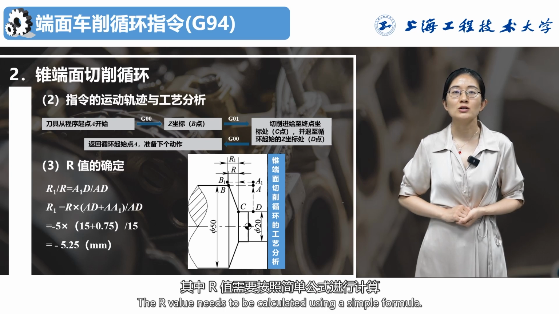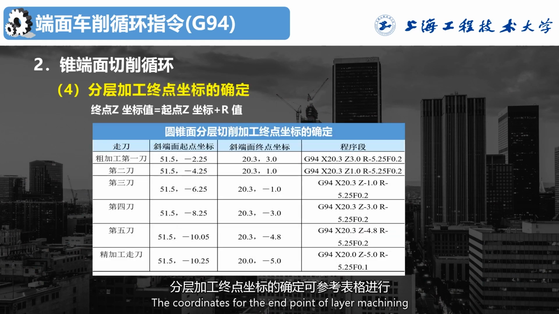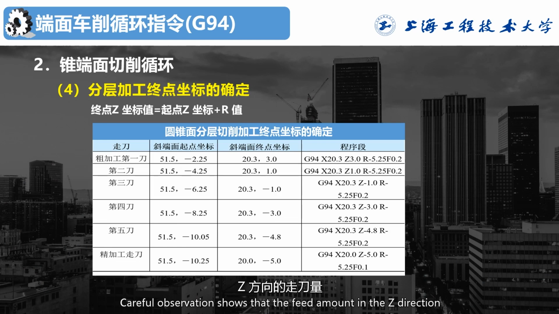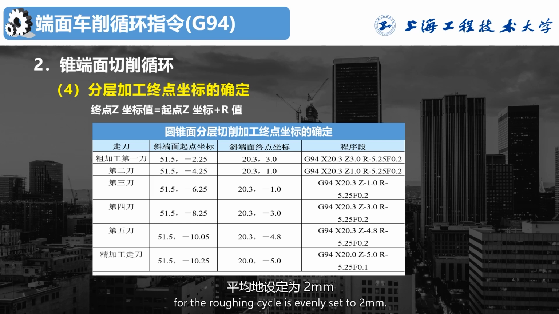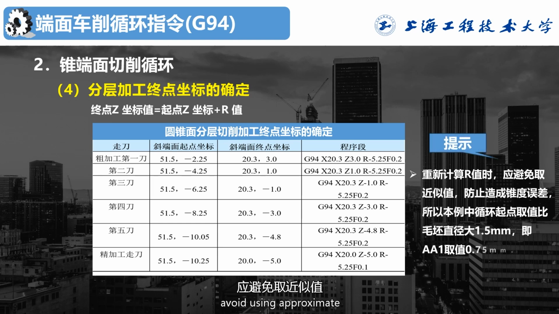The R value needs to be calculated using a simple formula. The coordinates for the endpoint of layer machining can be determined by referring to the table. Careful observation shows that the feed amount in the Z direction for the roughing cycle is evenly set to 2 mm. When calculating the R value, avoid using approximate values to prevent table errors.